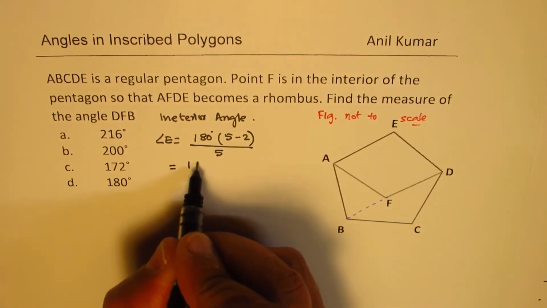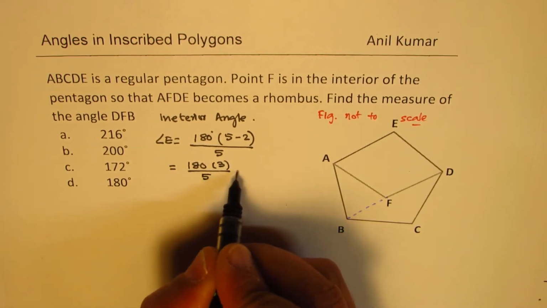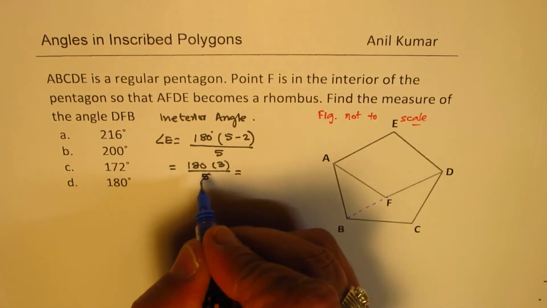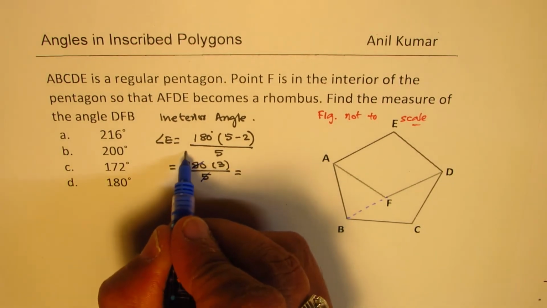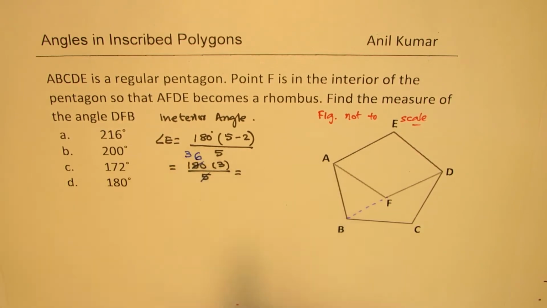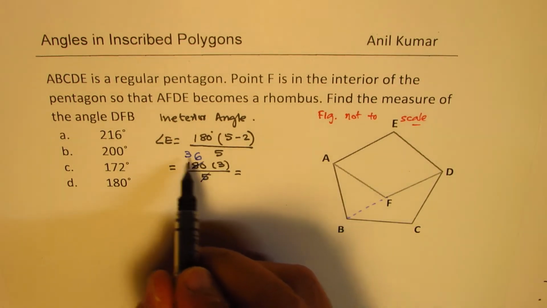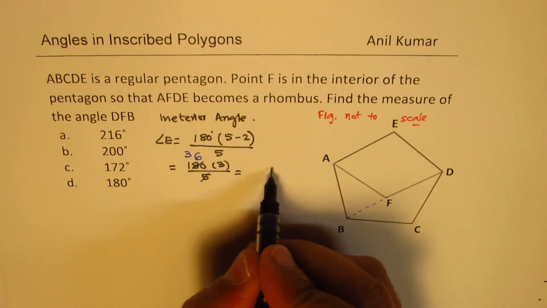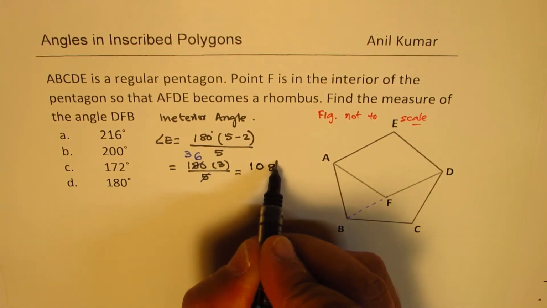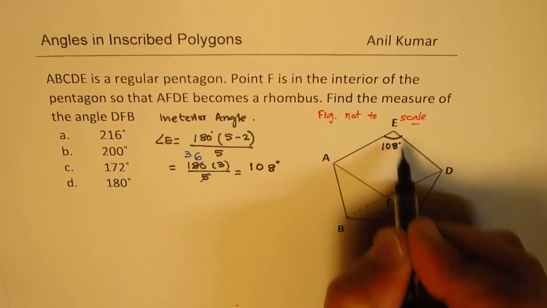So that gives you 180 times 3 divided by 5. So you can simplify this. Dividing by 5, we get 108 degrees. So each angle here is 108 degrees.